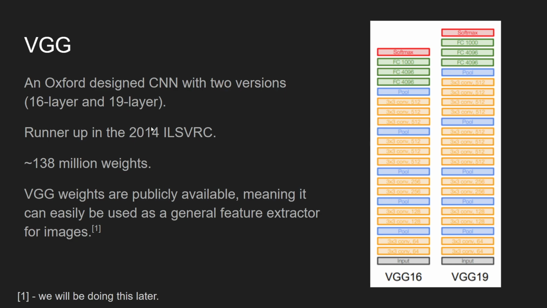It was the runner-up in 2014, and it's considered to be a very good neural network in a lot of ways, especially for research. It has 138 million weights, so an even beefier model, a huge neural net. And the nice thing about VGG is the weights for that are publicly available.